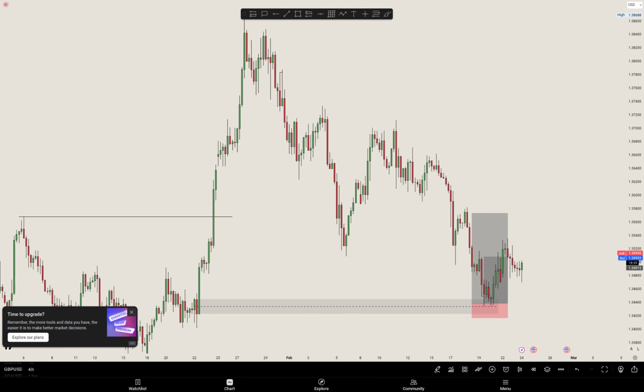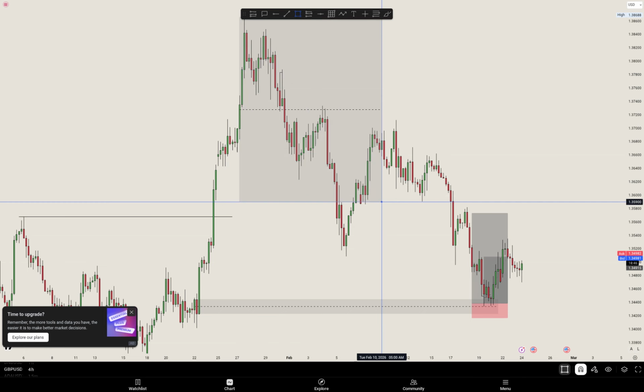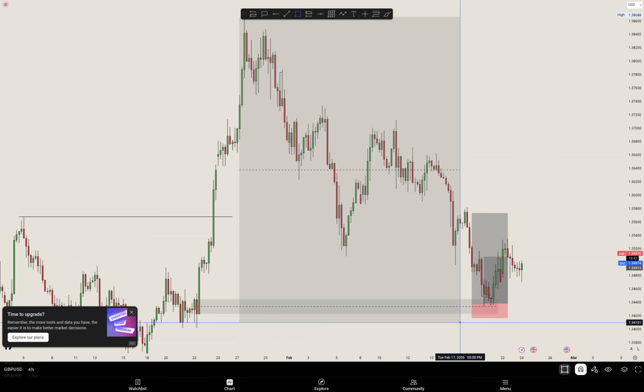And we can clearly see that from this point here, from here, like this, market is mainly bearish here because we're having series of break of structures to the downside.